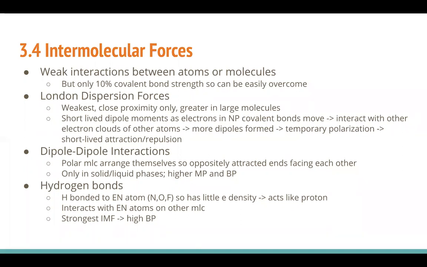I had one question. I know electronegativity increases from left to right and decreases down the group, right? Yes. So does that mean that nitrogen is more electronegative than chlorine? Nitrogen should be less electronegative.